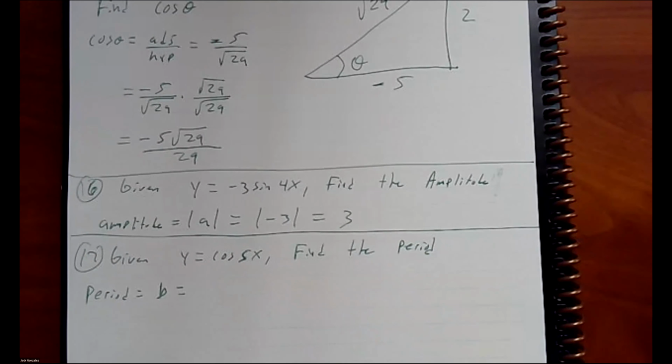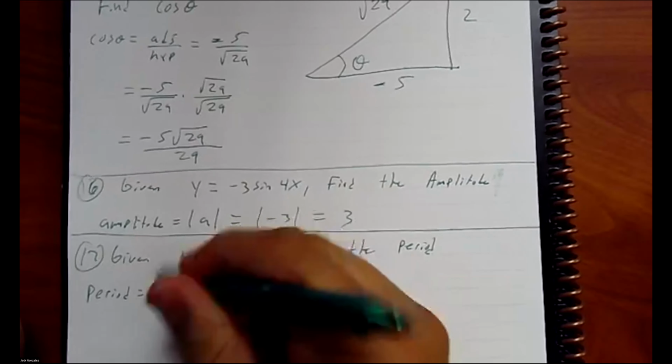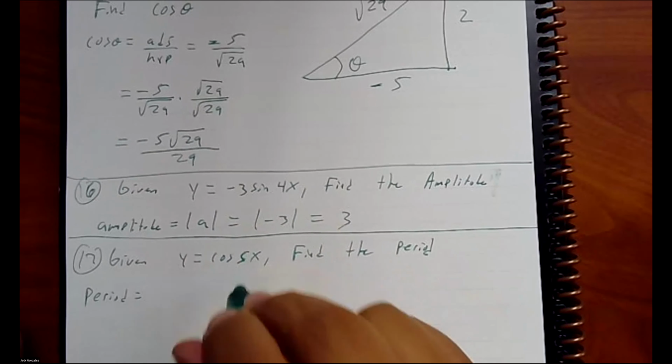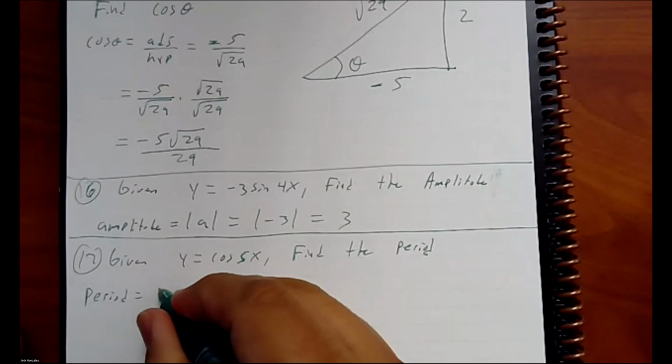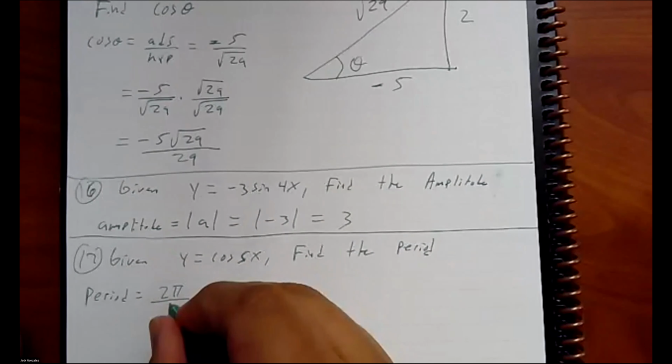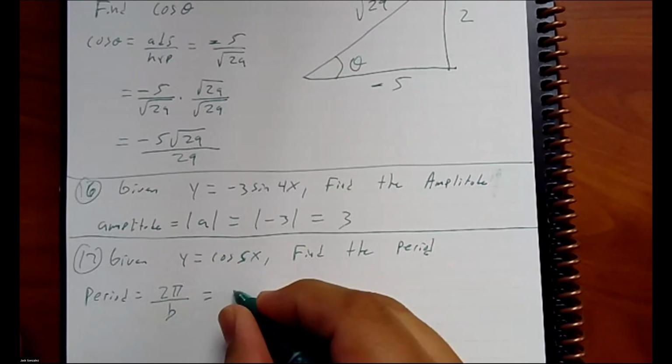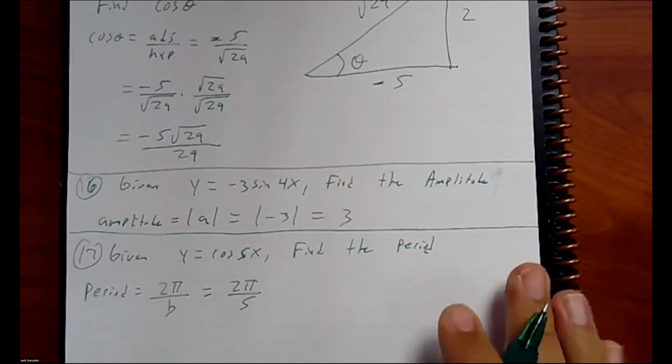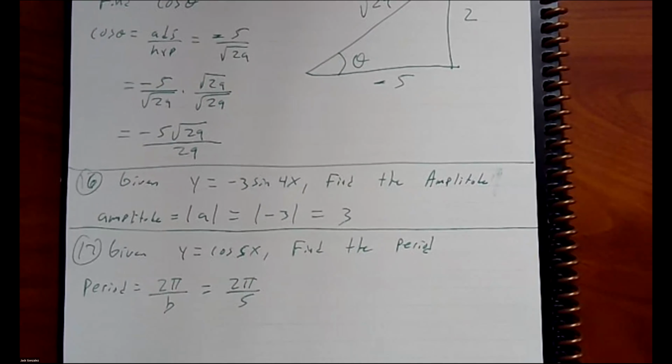I think the coefficient was the B, right? 2 pi over B. So 2 pi over 5. I forget what the notes said, but this is the answer.